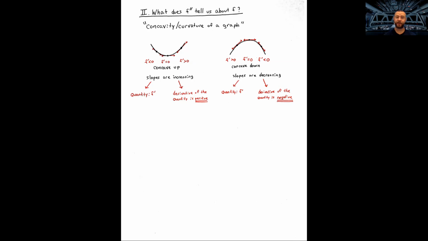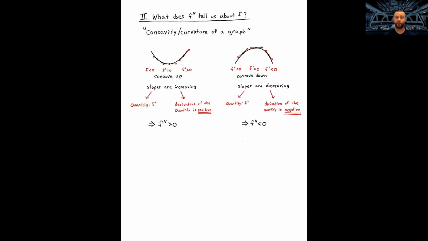If we put that together, the quantity involves the first derivative, and increasing comes from the derivative of that quantity. So what we're talking about here is the derivative of the derivative. And that's what we call or define the second derivative, f double prime.